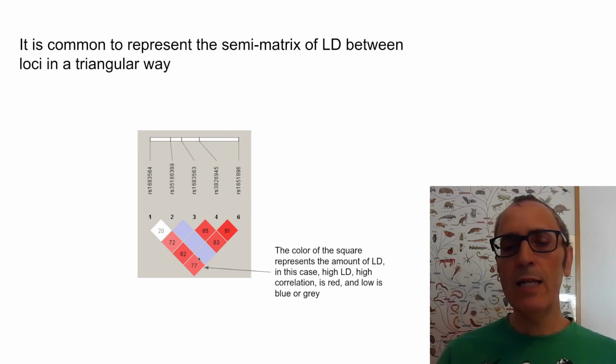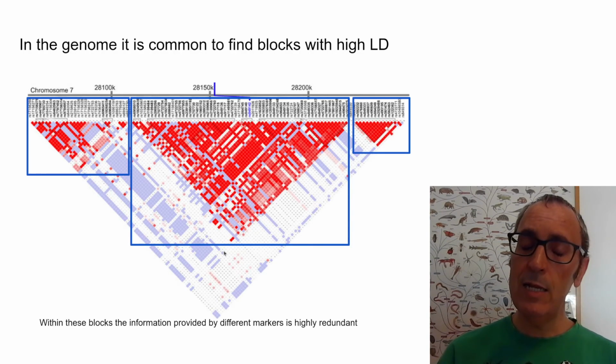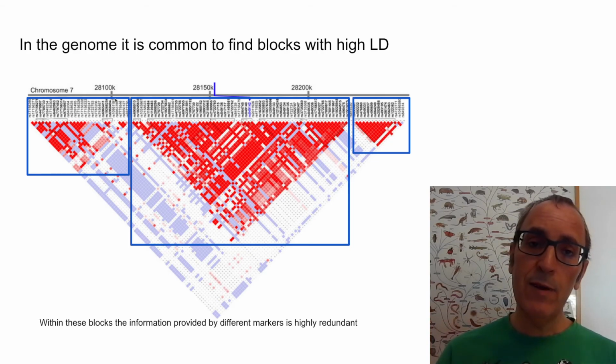Okay, and what you find in a genome, if you represent the linkage disequilibrium between the different pairs of markers in the genome, is that you find blocks of linkage disequilibrium.